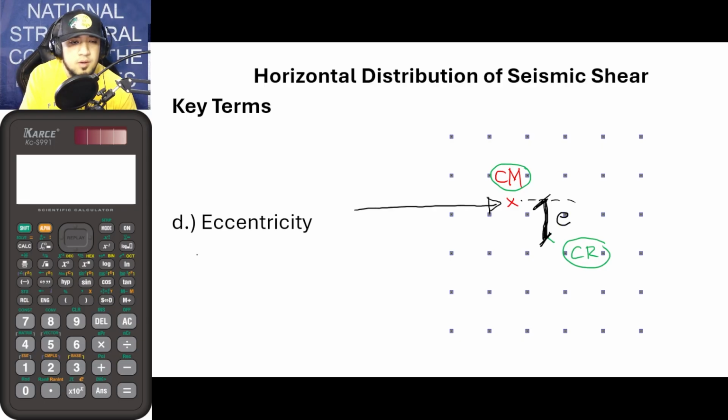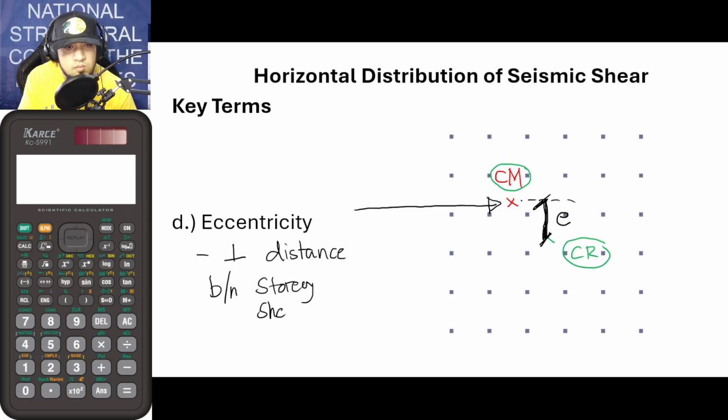So again, this is the perpendicular distance between the story shear and the center of rigidity. And take note that the story shear is actually located at the center of mass.